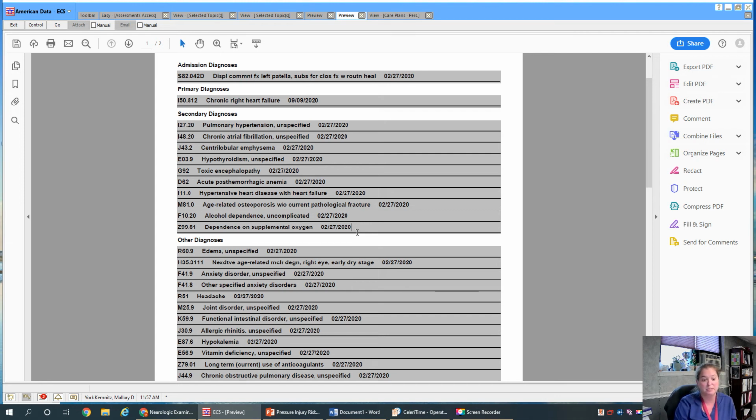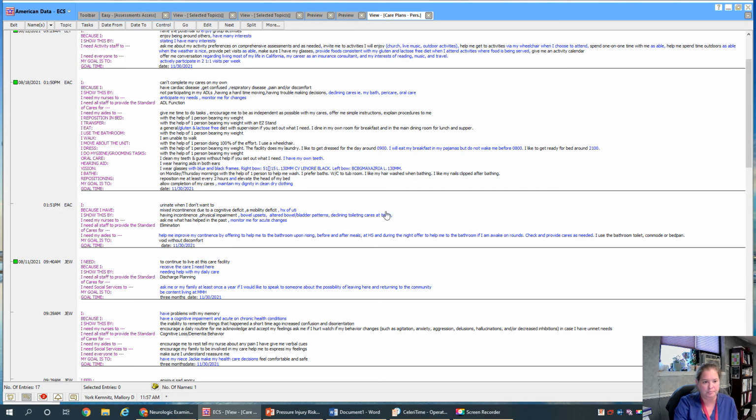You're looking here specifically for if the resident has diabetes or impaired sensation, and it does not look like the resident has diabetes. It also doesn't look like they have anything like hypotension, which would be an additional risk factor. They do have hypertension. There are some cardiac illnesses listed here, and so that is going to affect perfusion and create additional risk factors.